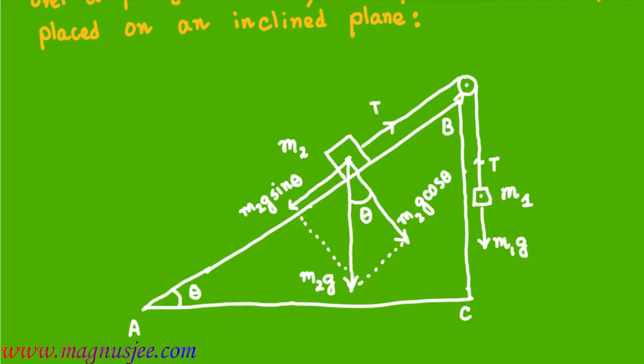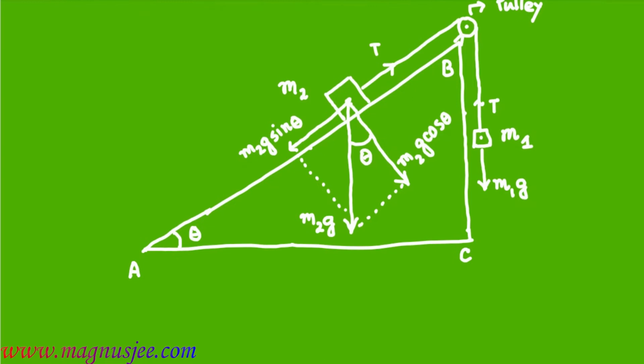T is the tension acting in the string in connection with the motion of the body of mass m2, and this is the pulley. Here we can assume this pulley as a light and frictionless pulley.